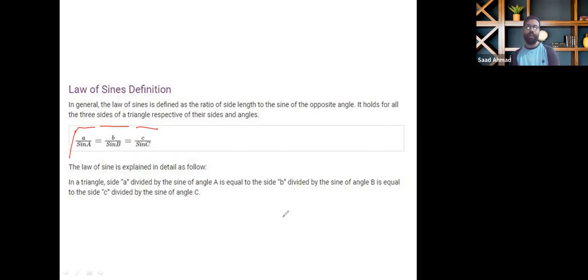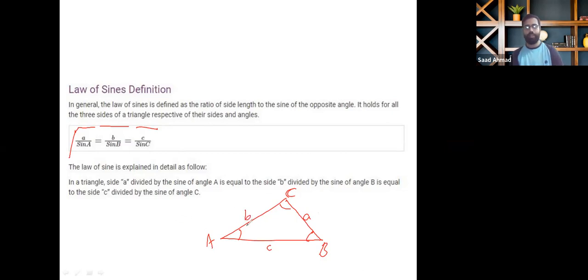a, b, and c are the sides of the triangle. Let's say this is angle A, this is angle B, this is angle C, capital. The side opposite to C is small c, the side opposite to A is small a.